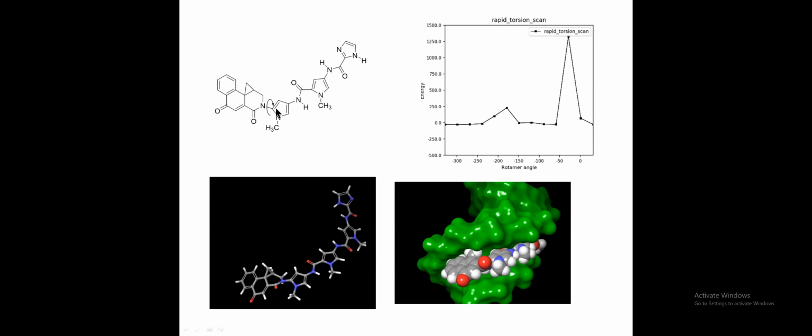However, if we attach them at the 2 position of the pyrrole and the N2 nitrogen of the alkylating functionality, and then vary this torsion angle, we found that this actually represented a minimum. In the torsion scan it is about right over in this section. You can see that as it begins to rotate, the energy goes up, and around 0 degrees, it goes up significantly.